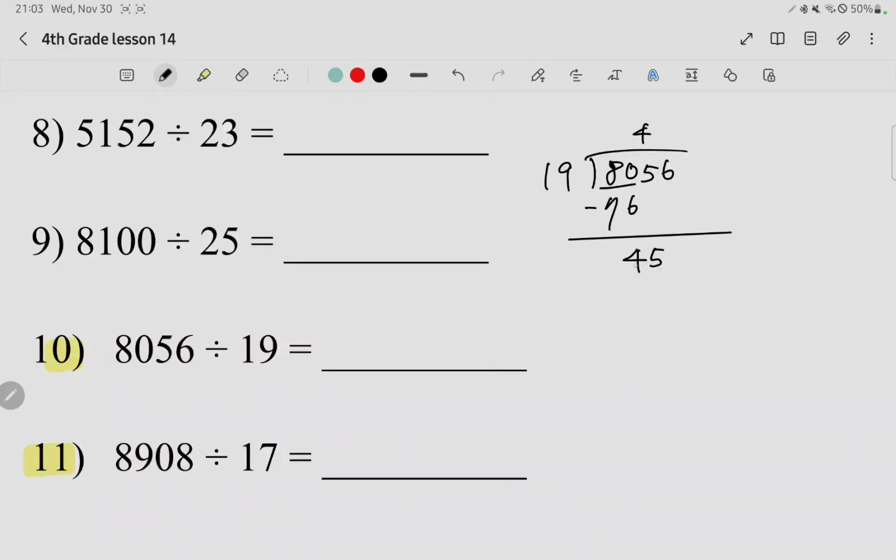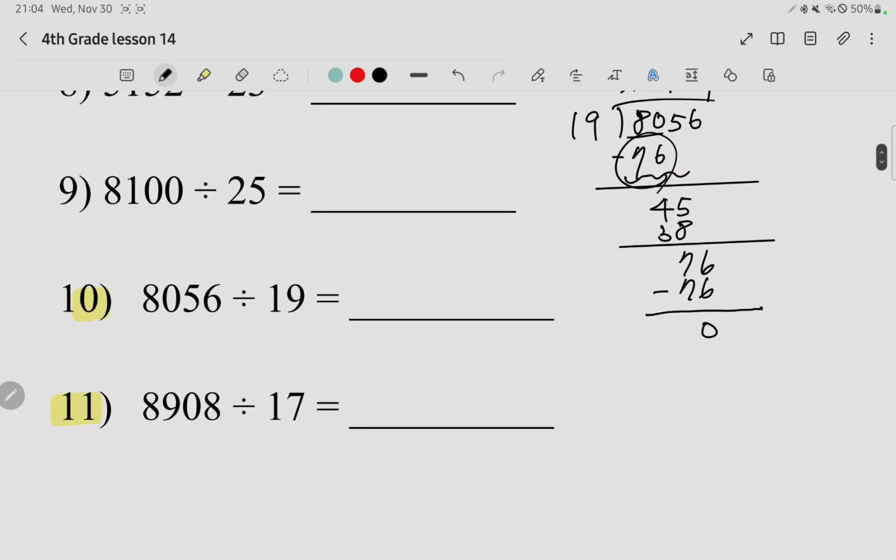And 19 can go into 45 two times. So this is 38 and 76. Now, 19 can go into 76 4 times, because as you can see, 19 times 4 is 76. So this will be 424.